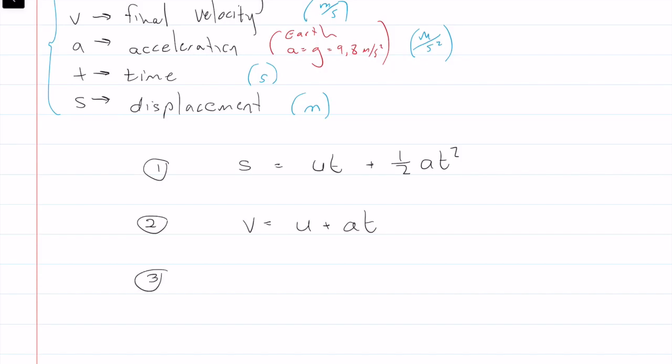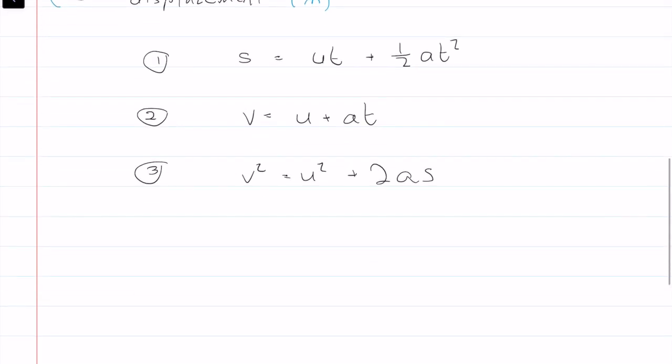The third equation is V squared equals U squared plus 2AS. And the last equation, so these are the 4 governing equations, is S equals (U plus V) divided by 2, times T.